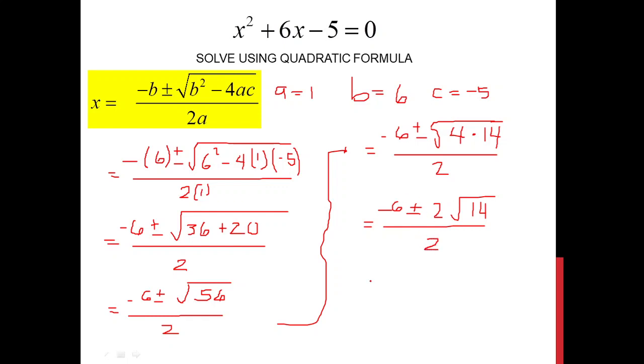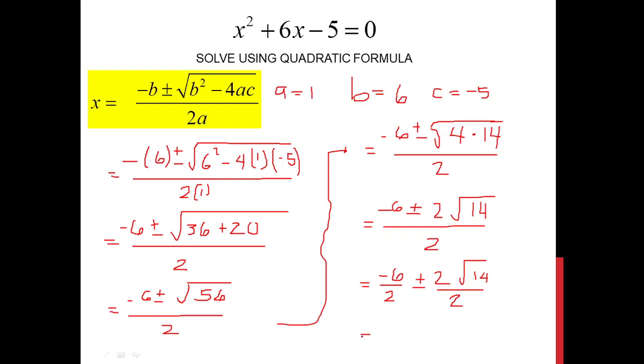Now we can separate the two terms so that you'll be able to see the proper answer and will not be confused. So negative 6 over 2 plus and minus 2 over 2, or rather 2 square root of 14 over 2.